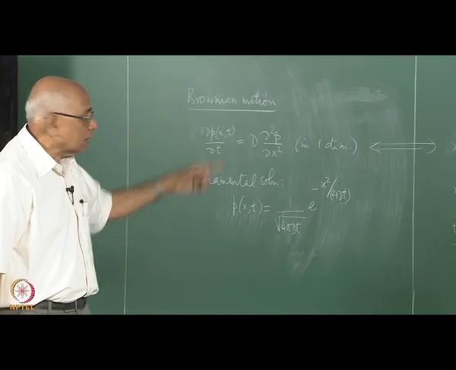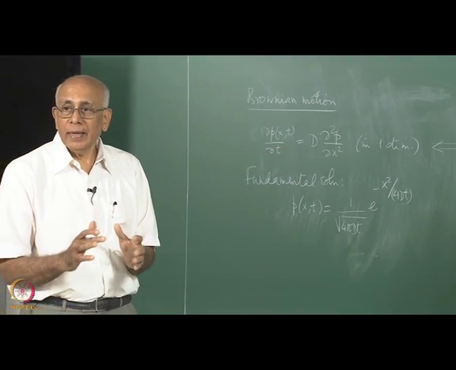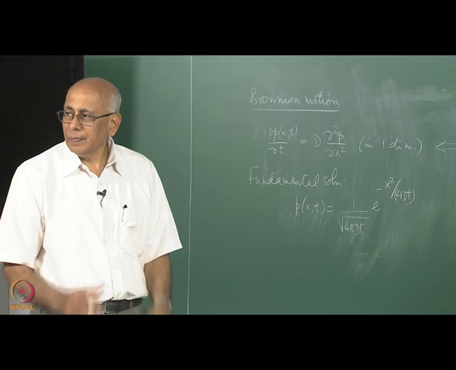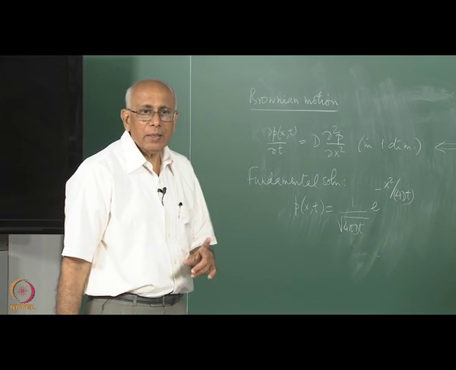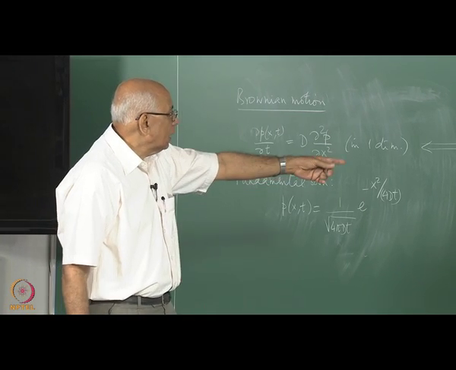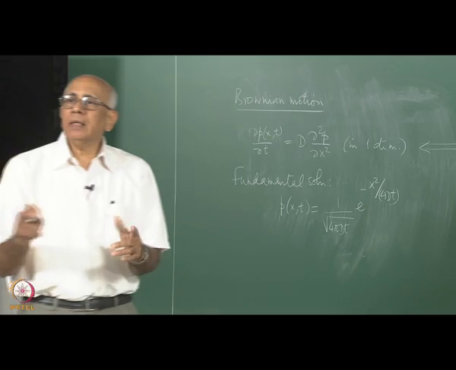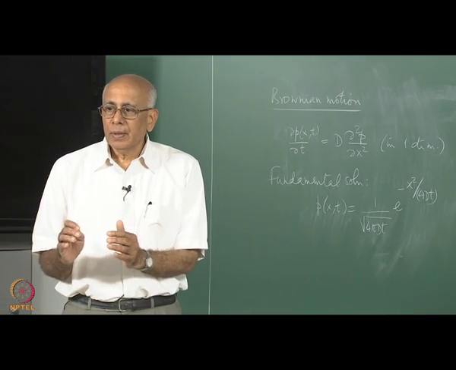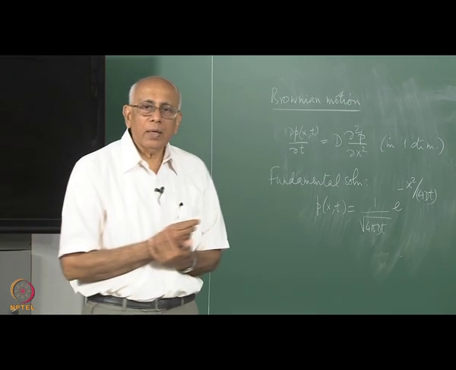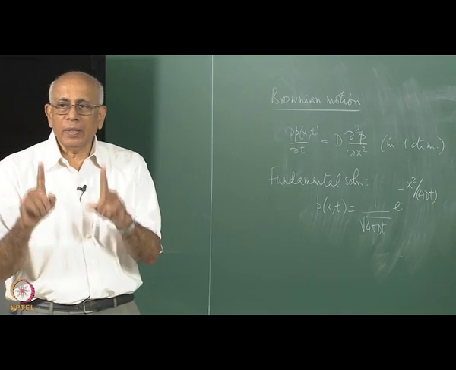Therefore, I could write this as dx, if you like, the increment in x is eta of t dt. And then those increments are stationary because eta is stationary, right. Or another way of saying it is, if I computed x of t minus x of 0 and x of t prime minus x of 0 and took the average over that, you would end up with 2D modulus of t minus t prime.